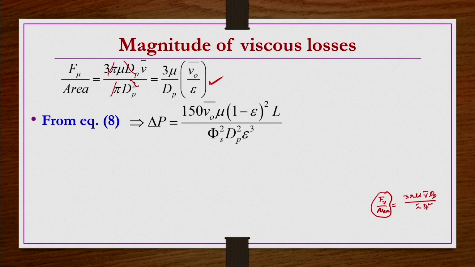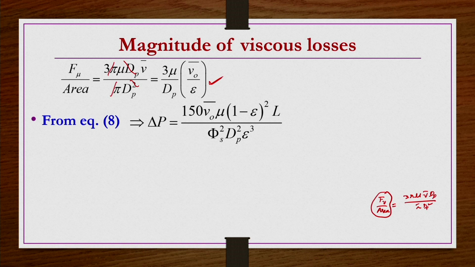No other contributions are included in that equation, and indeed we wanted to know the magnitude of viscous losses, we do not want to include other terms here. Then from equation 8 we have delta p equals 150 v naught bar mu (1 minus epsilon) whole square L by phi s square dp square epsilon cube, right. So this is the Kozeny-Carman equation.